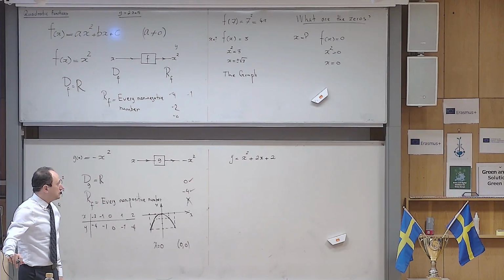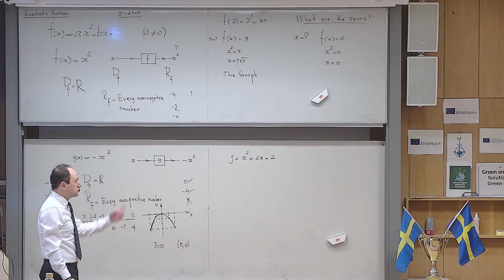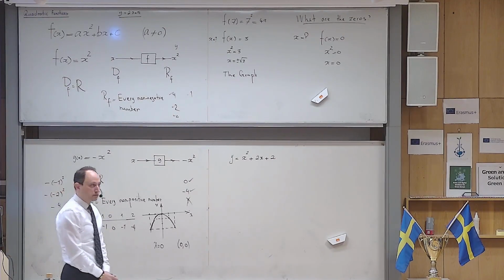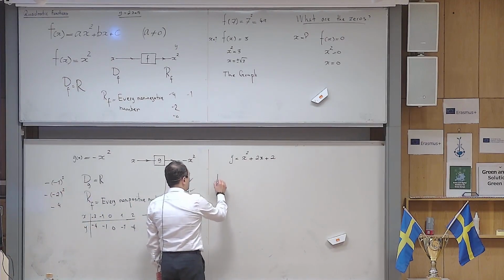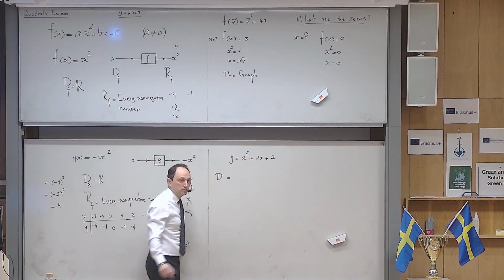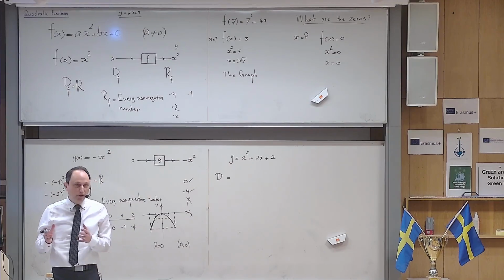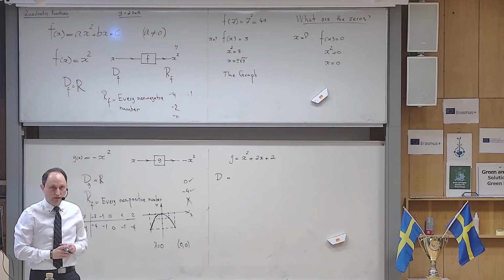Okay, I can ask you a lot of questions. For example, the first question I can ask you about the domain. So what is the domain of this function? It means what is the set of all possible input values? Yes? It's still the same real numbers.